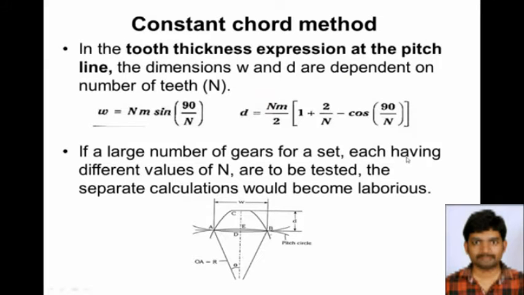So in this figure, W is the chordal thickness. Now let us move to the other method, that means the constant chord method.